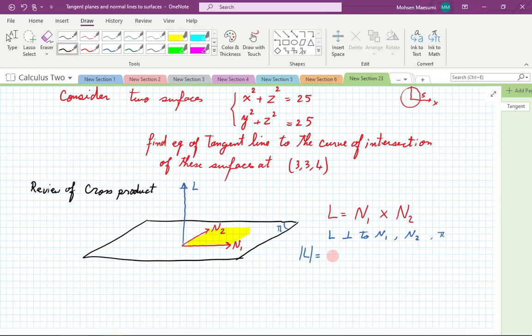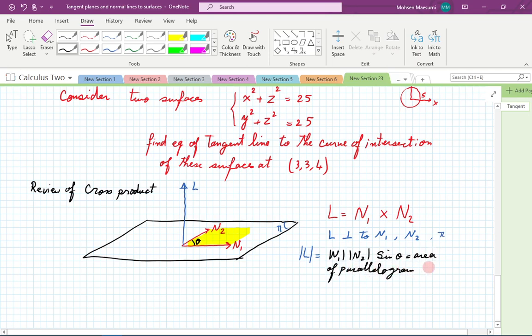One way to describe that is the size of n1 times the size of n2 times the sine of the angle between these two vectors, and that's also the area of the parallelogram you can build on n1 and n2. So first it's perpendicular, second, numerically it is the area of the parallelogram.